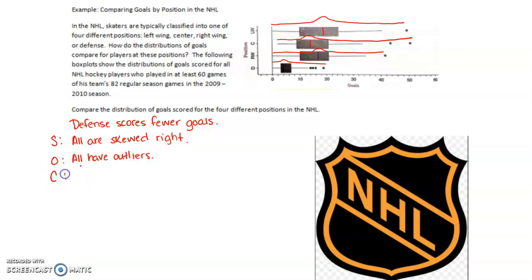Center, as we said before, defense had the lowest center. And finally, spread. The centers have the largest spread.